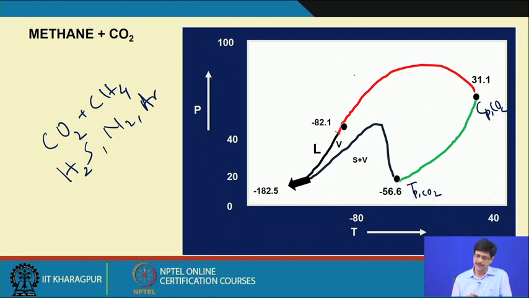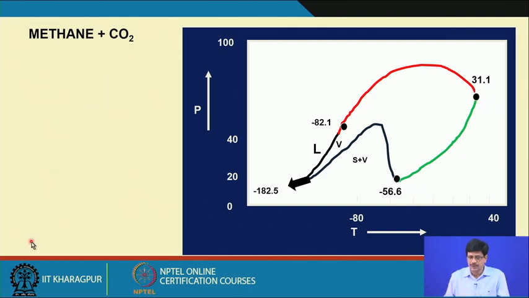This diagram only tells that, if the fluid is mixed with methane, then whenever we get a pure carbon dioxide liquid inclusion, if we decrease the temperature to below minus 56.6, then we know that the carbon dioxide is pure.